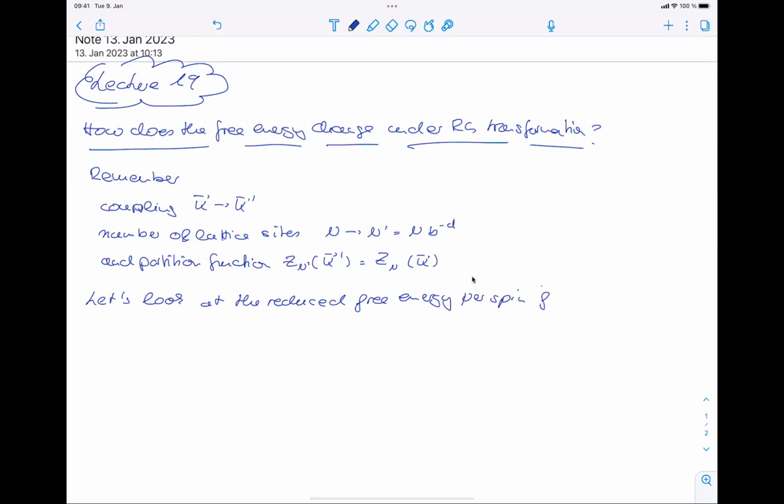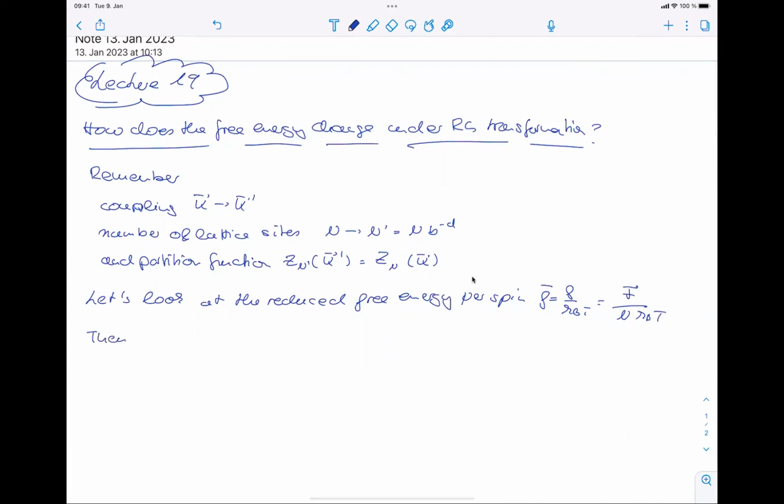So that I define as f bar, small f bar, which is small f over k_B T. Remembering that small f is the nomenclature for the free energy normalized per lattice site, and here now also normalized by k_B T. With this in mind, I can write my small f bar as minus the limit N to infinity of 1 over N ln of my partition function.